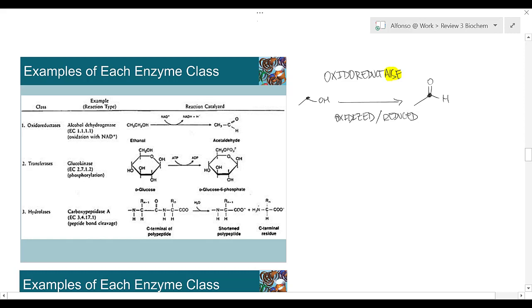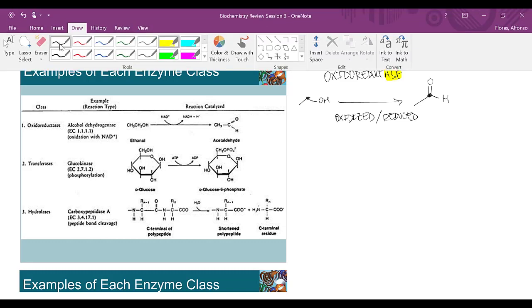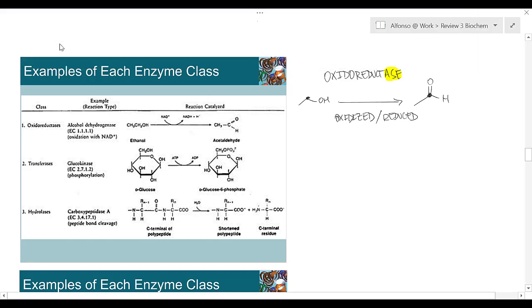So anything that ends with -ase, that's an enzyme. Okay, so here we have an alcohol, and it gets turned into acetaldehyde. So it was oxidized, therefore an oxidoreductase catalyzes this reaction. More specifically, the oxidoreductase that catalyzes this reaction is alcohol dehydrogenase.